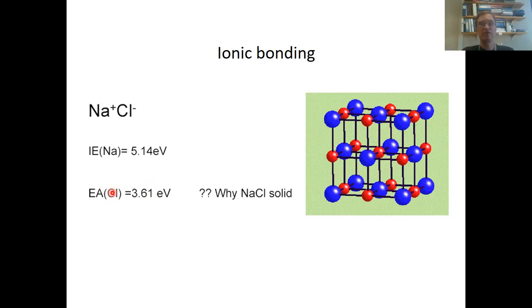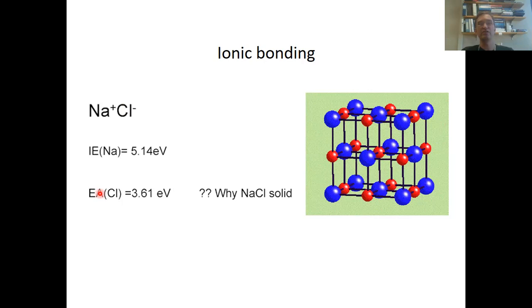We can explain this by the fact that ionization energies and electron affinities apply to atoms in the gas phase. So indeed, if we had sodium atoms in the gas phase and chlorine atoms in the gas phase, we would not expect a reaction between the sodium and the chlorine for exactly that reason. That would actually imply that sodium chloride vapor also is unstable.